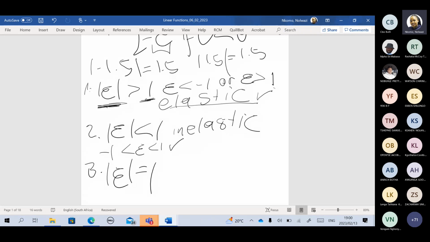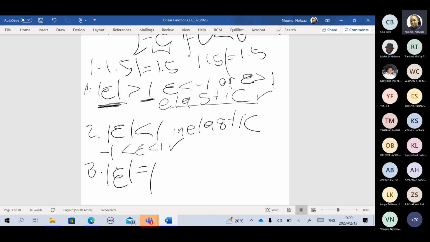And if that's the case, we will say our demand or supply is elastic, right? And we have the case whereby this is less than 1. And if that's the case, we'll say the demand or supply is inelastic.